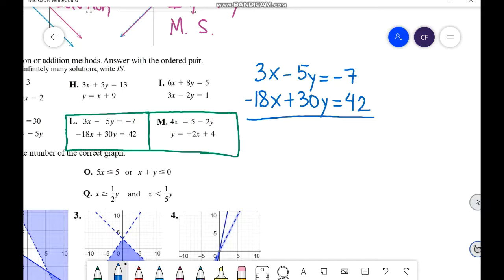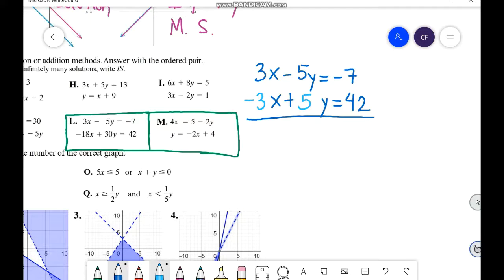My idea is to divide the second equation by 6, every term, every part of the equation. So let's divide -18. -18 divided by 6 is -3. 30 divided by 6 is 5.